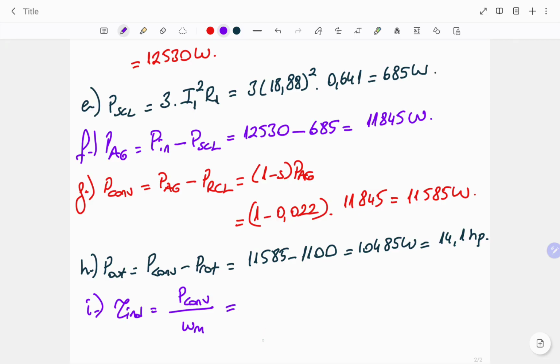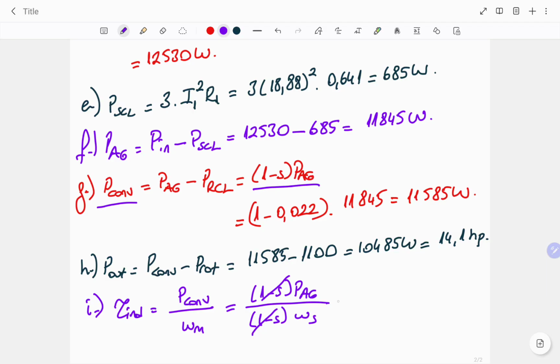Instead of converted power, we can write 1 minus S times air gap power over, for Wm also we have a similar relation with the synchronous speed, so 1 minus S times Ws. So with the air gap and the Ws ratio, or converted power with the Wm ratio, we can calculate the induced torque inside the induction motor.